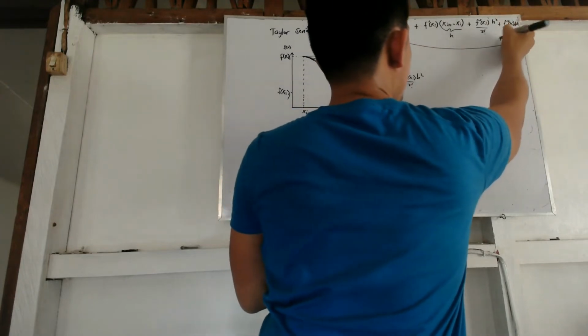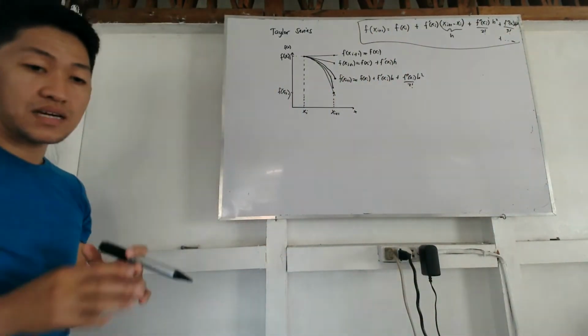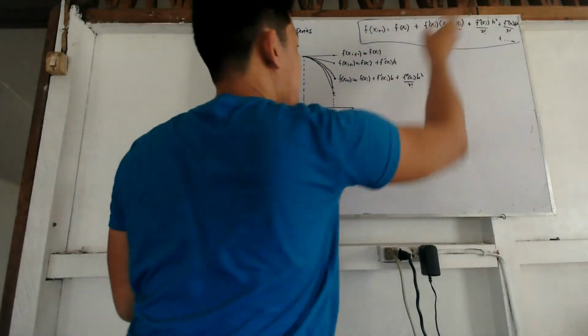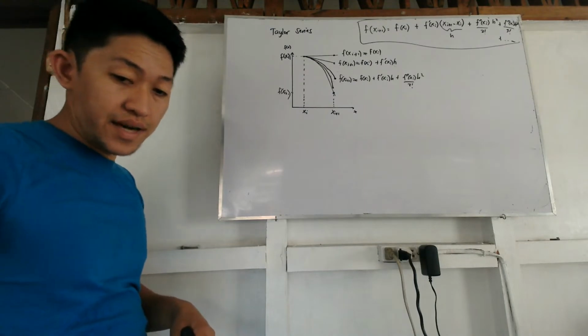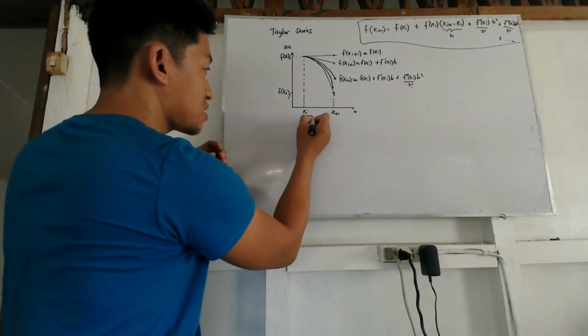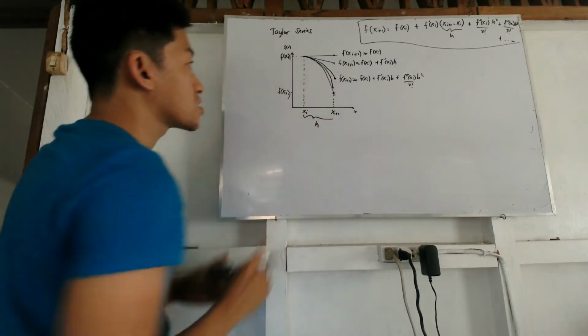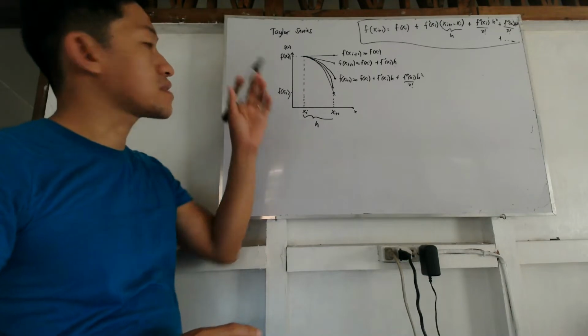That is an infinite series. The more terms you add, the better is your estimation. Okay, by the way, the difference between these is what we call h. So that is just a quick recap of the Taylor series.